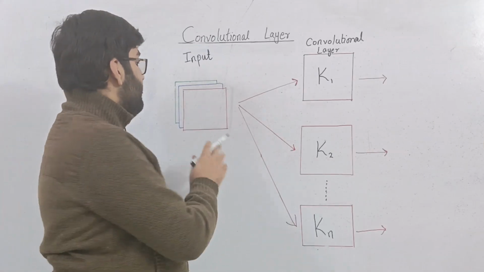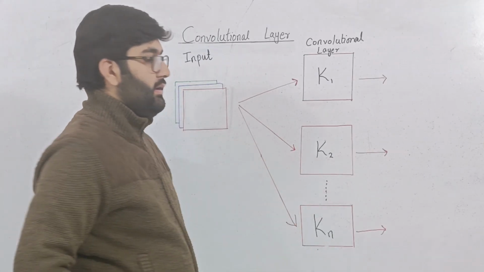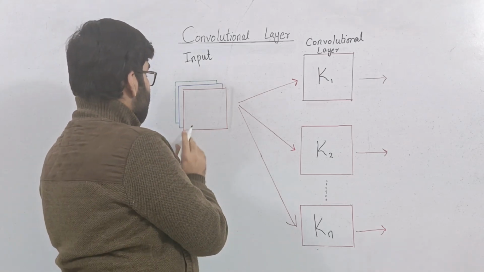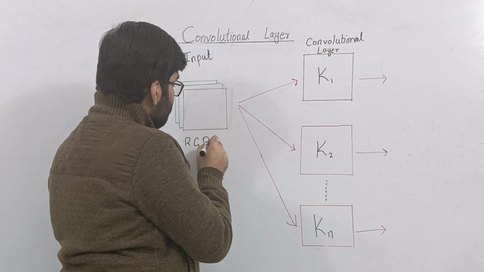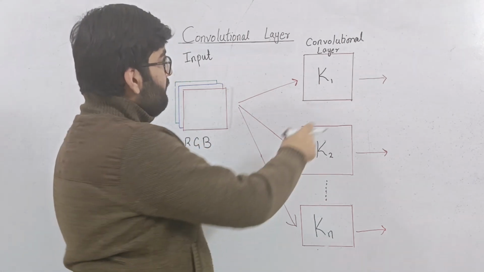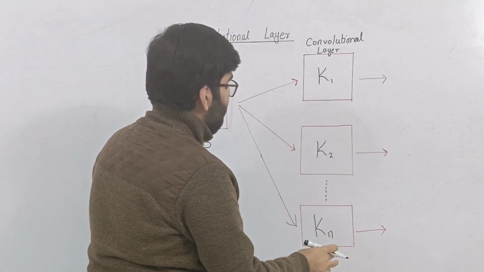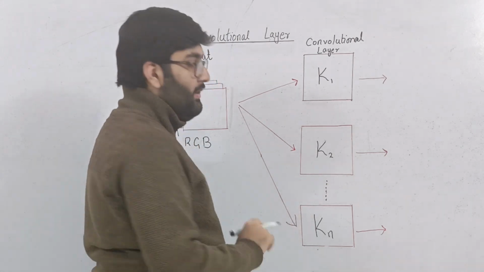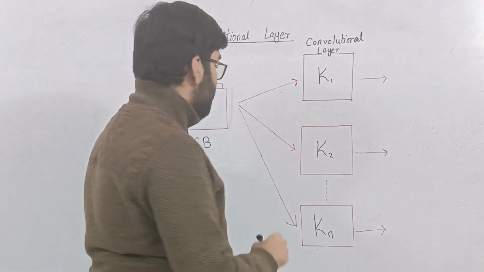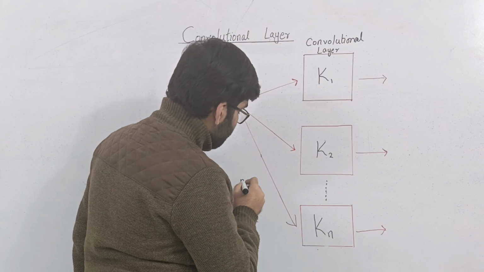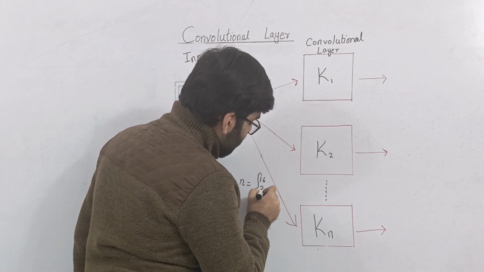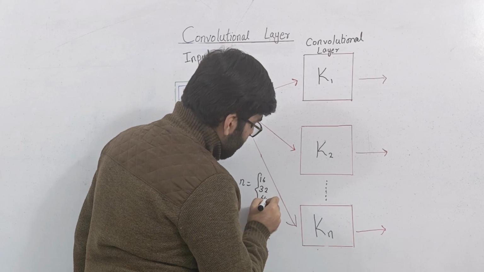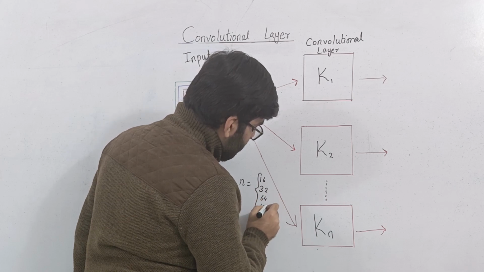Now we have an input layer and a convolutional layer. The input layer has 3 channels, the red, green and the blue channel. And the convolutional layer has n kernels. N can be any number, but it is usually taken as a power of 2, such as 16, 32, 64, 128 and so on.